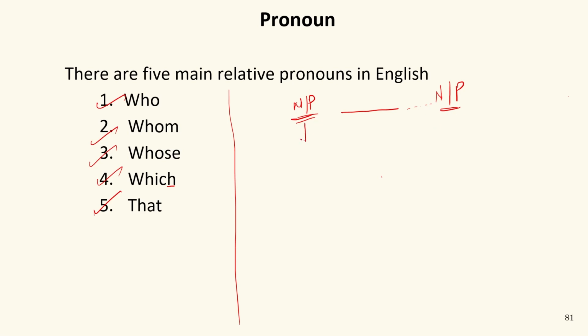If this noun or pronoun is behaving like a subject, it means it has been used as a subject, as in the case of Rohit. So we use who in this place of relative pronoun. Now a relative pronoun has to be filled over here.